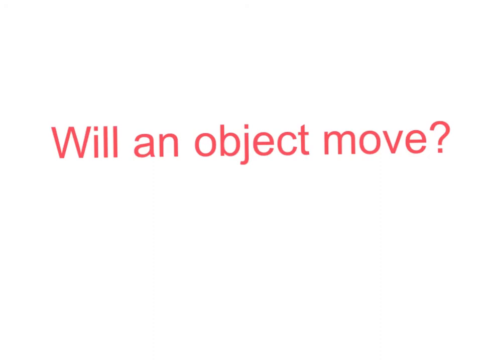So in this one, I wanted to see, will an object move? Because if we have something sitting on an inclined plane, the question is whether or not we need to use our static friction or our kinetic friction. And so that's what we're going to look at.